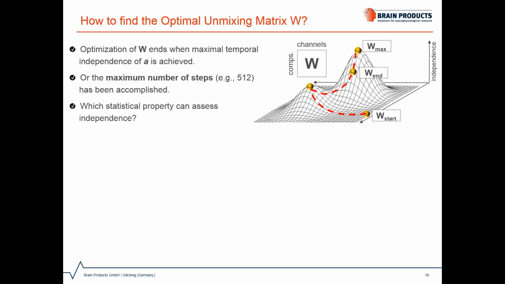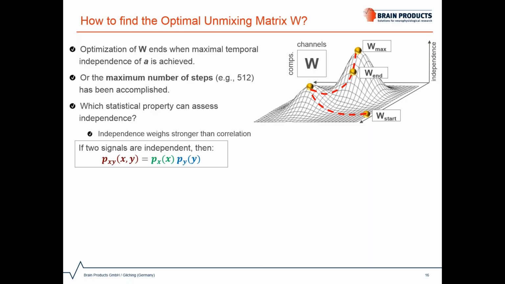The question is, which statistical property should we choose that reflects statistical independence? This means we need a measure to quantify when we are at the peak W max. First of all, independence places stronger constraints than simple correlation does on the probability distribution of two signals.